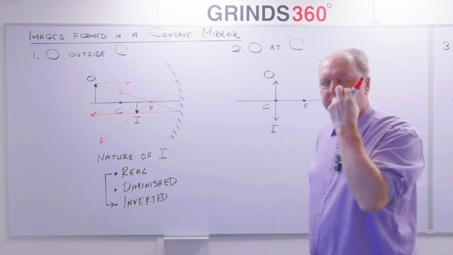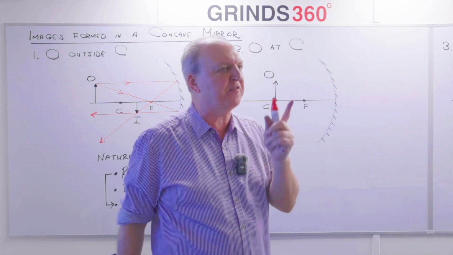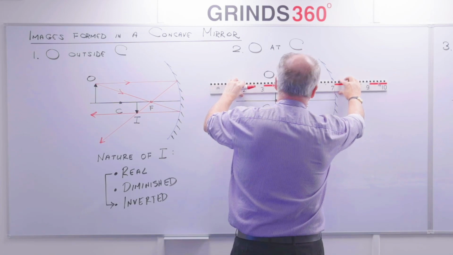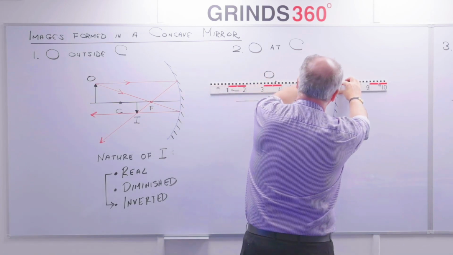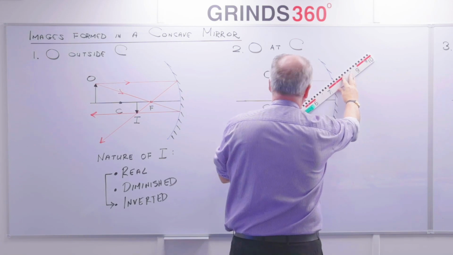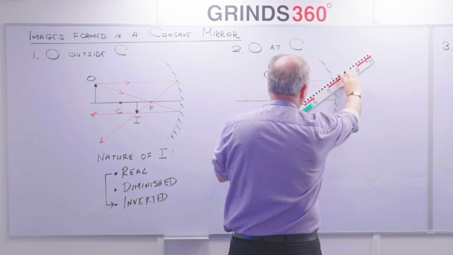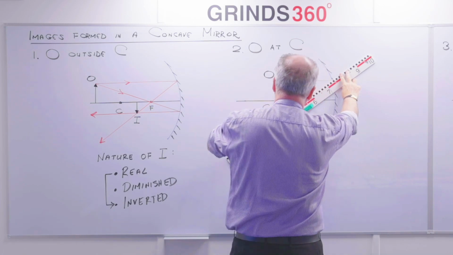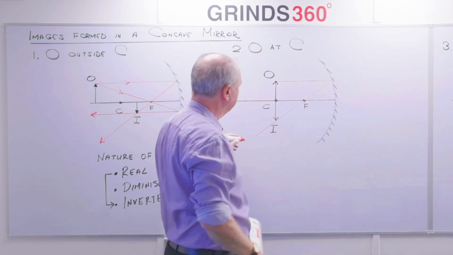Once again, let's take our two construction rays, the first two. A ray of light parallel to the principal axis. Where does it go? It goes down through the focus. And you can kind of ensure that it goes through the tip of the arrow as well.